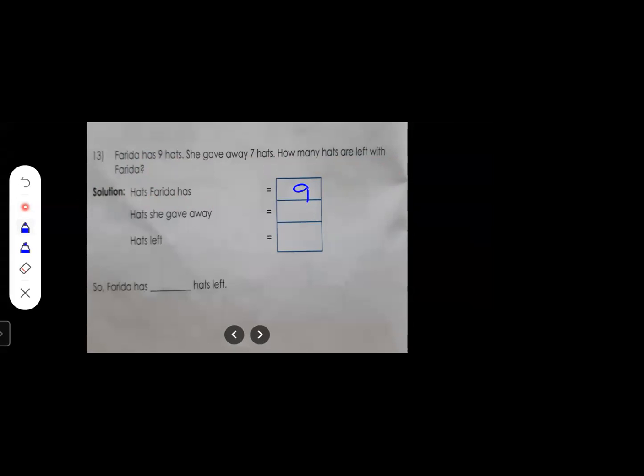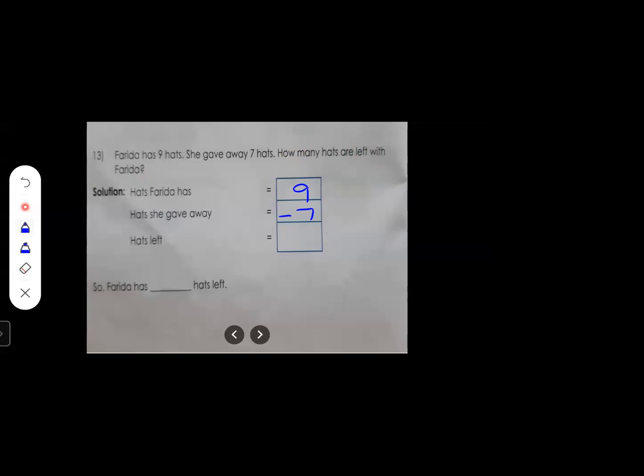How many hats did she give away, students? 7 hats, right? So you will write 7. How many hats are left with Farida? So what will we do? We are going to do subtraction over here. Write the minus sign. 9 minus 7, what will be the answer?